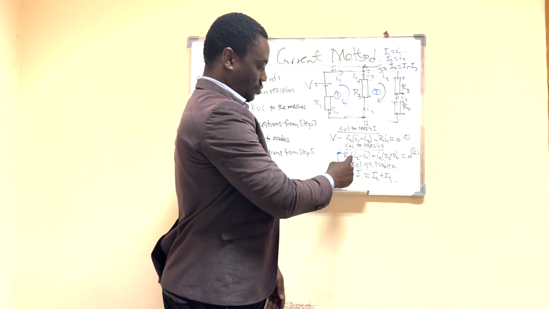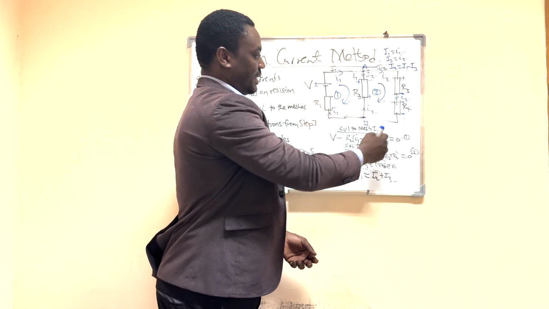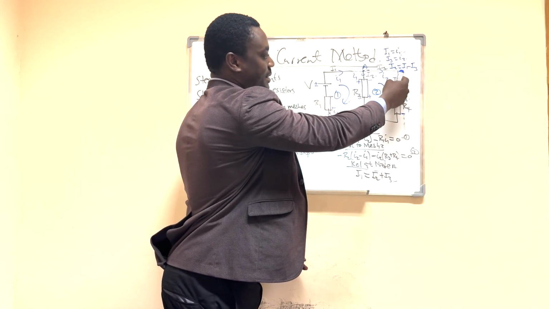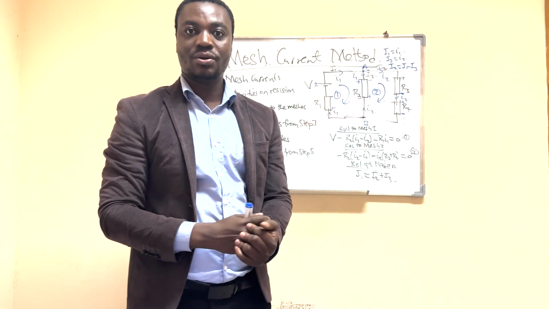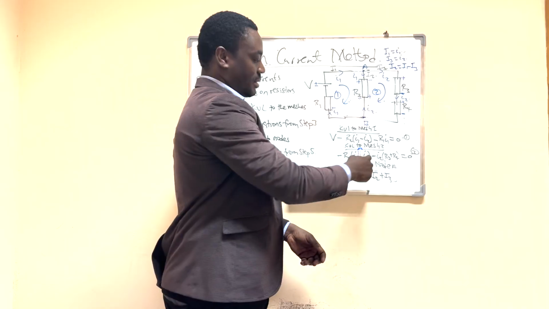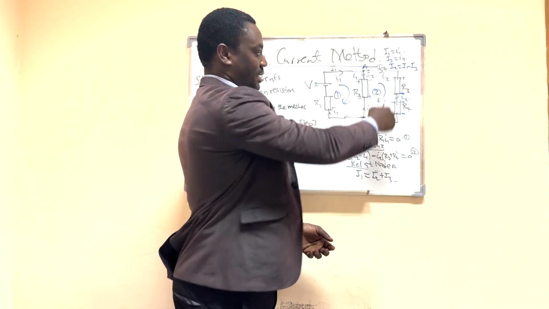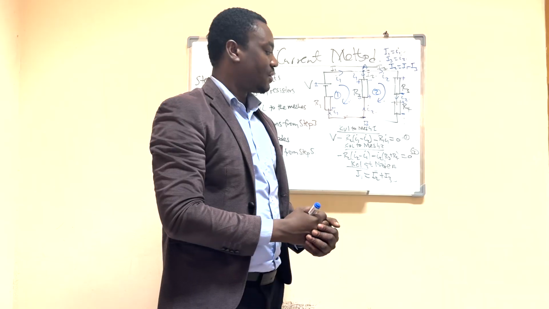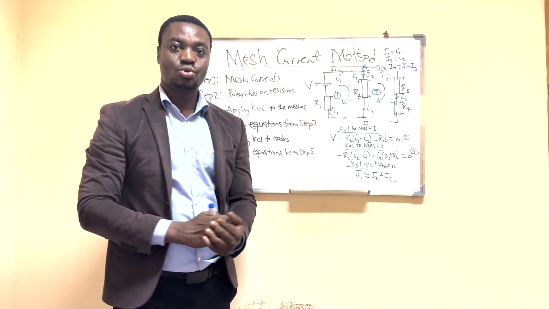So I have I2 minus I1 times R2. Then we come here, plus to minus, that is a drop. Here plus minus, drop. So they are all drops as well. So we can just simplify to minus I2 times R3 plus R4, because R3 and R4 are in series, then equals 0. That gives us equation 2.